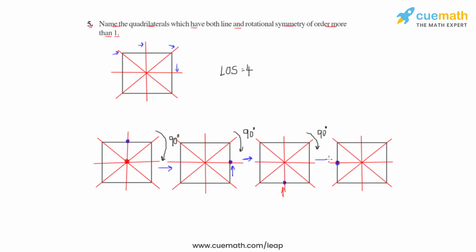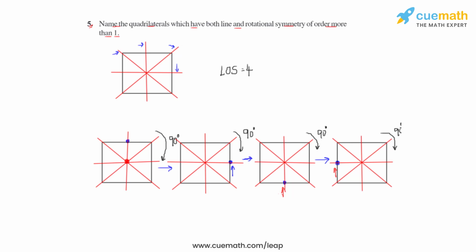So a 270-degree rotation of the figure will result in this position of the blue dot, and if this figure is again rotated by 90 degrees, we'll again see that this blue dot will go back to the position which it has in the initial figure.